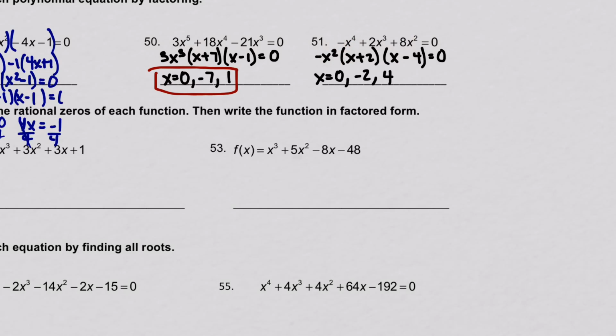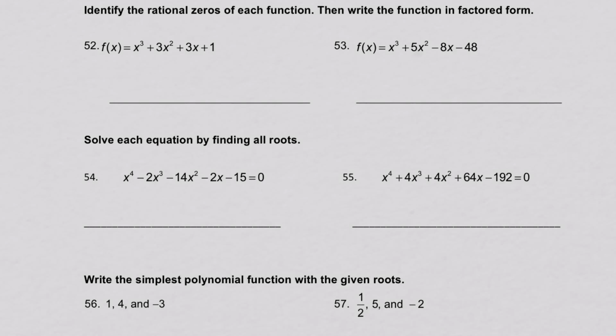And with what's left, I factored it and I got x plus 2, x minus 4. And so my three zeros are 0 from this one, negative 2, and positive 4 from that one. And once again, I should have 4 zeros and I only have 3. That's because this one has a multiplicity of 2. Okay? All right, let's move on.